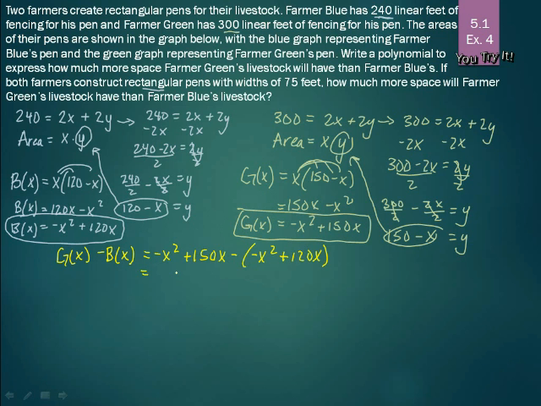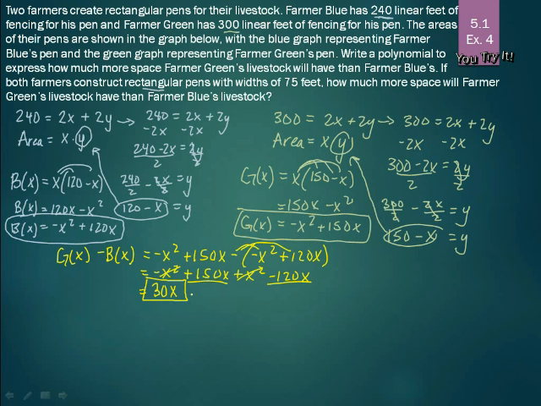Simplifying, negative x squared minus negative x squared is negative x squared plus x squared, which cancels to 0, and 150x minus 120x gives us 30x. So the difference between the two will be 30x.